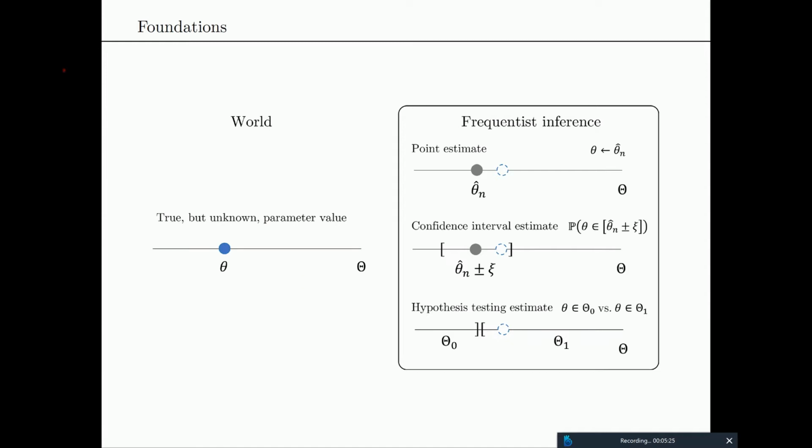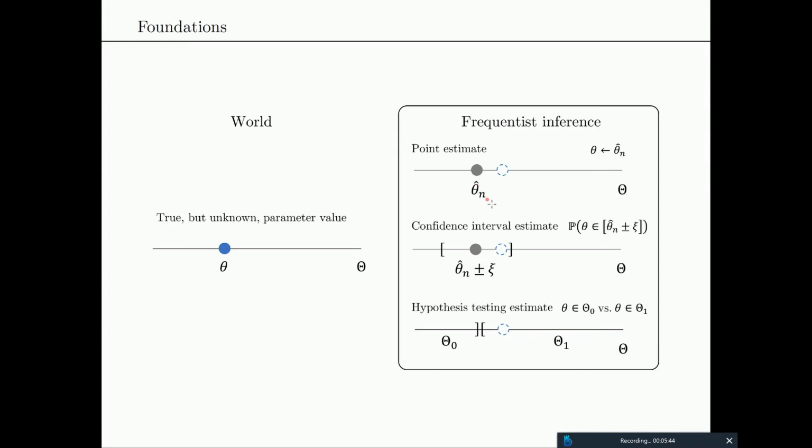And when we went from point estimates to confidence interval estimates, we basically allowed for higher probability of being correct while being less precise about our statement about the parameters.